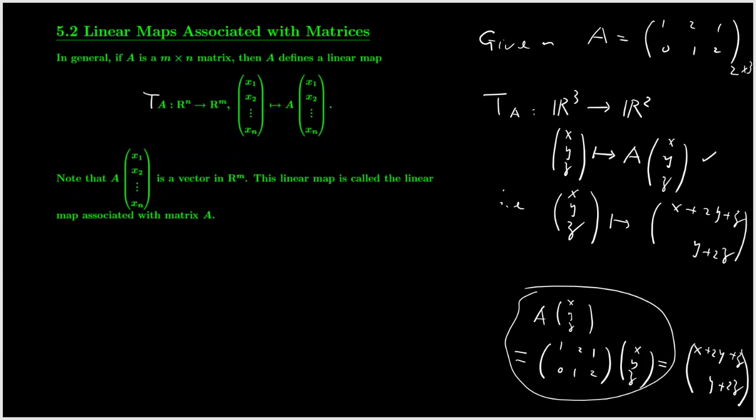After that, you are going to see that all the matrices and all the linear maps are in one-to-one correspondence. By that we mean each matrix determines a linear map. The other way is also true: each linear map determines a matrix. That's why we can use matrices to study the linear maps.